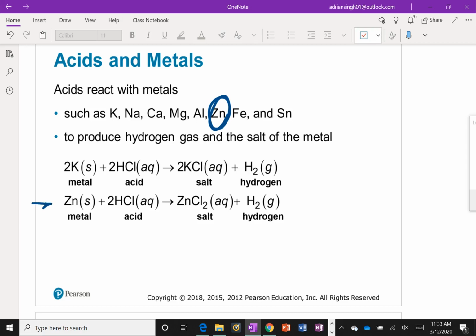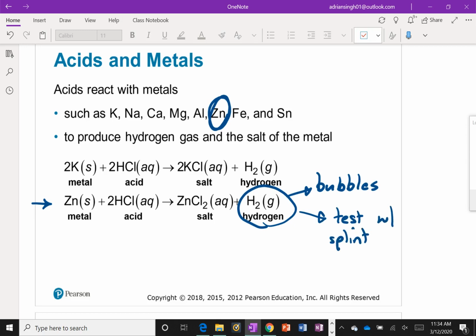When you did this in lab, you had a zinc strip which you polished, and then you placed it in some hydrochloric acid, some HCl, and what you saw was a bunch of bubbles of hydrogen. If you remember, we tested the gas with a splint, and it gave the very characteristic pop or squeak.